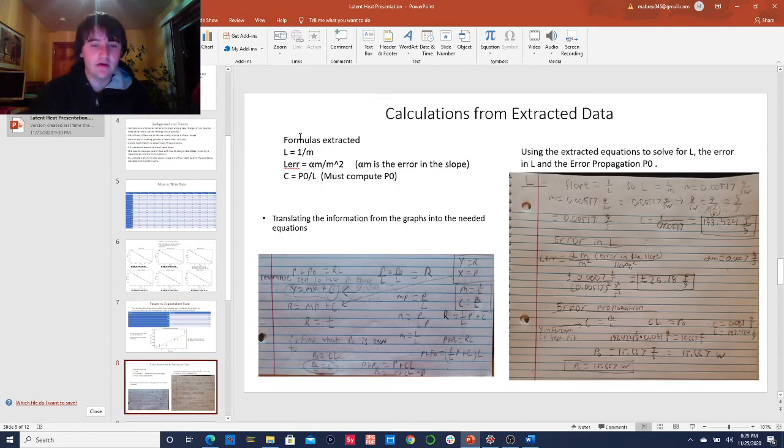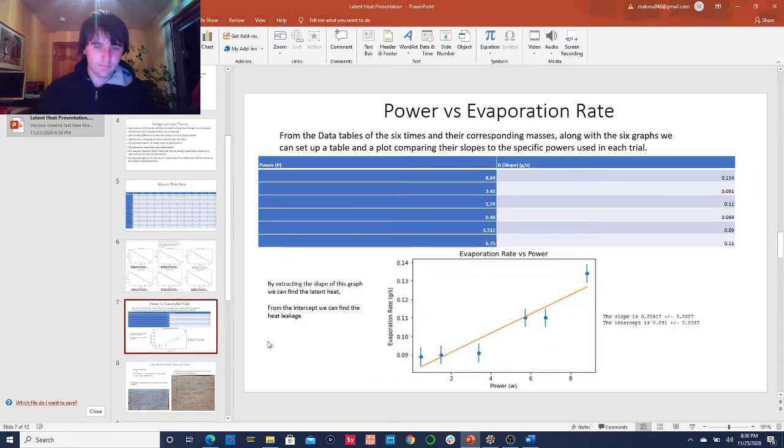So through some of the calculations, we are able to extract formulas. Let me correct myself. There are two formulas we can extract, and one of them is the latent heat formula. And we find this by doing the inverse of the slope gotten from this previous graph here.